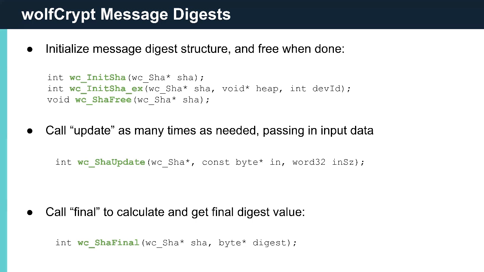When you're all done and ready to compute the final digest, call wc_ShaFinal, and wolfCrypt will place that final digest into the output buffer for you. There's no size argument here, since each message digest has a fixed length. We're just assuming your digest output buffer is going to be at least the right length that we need.